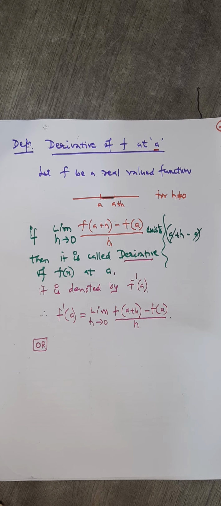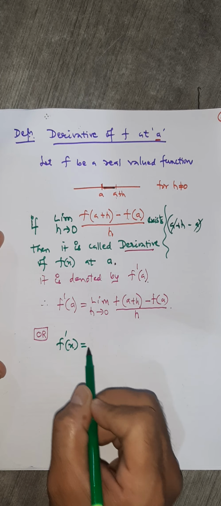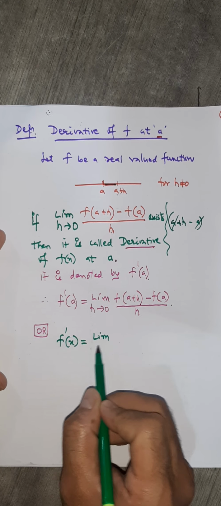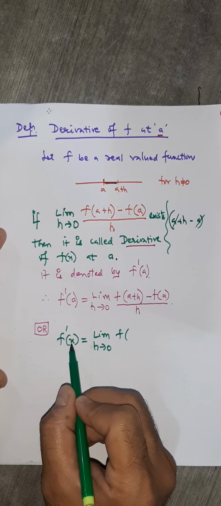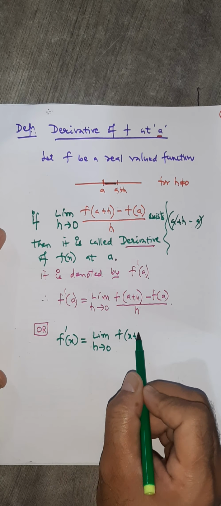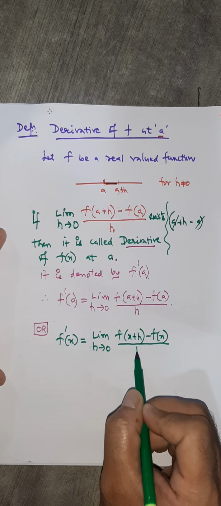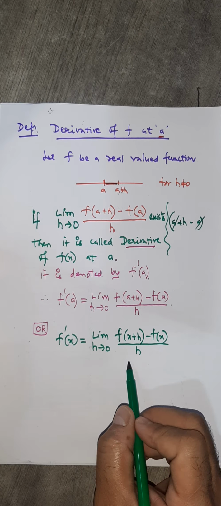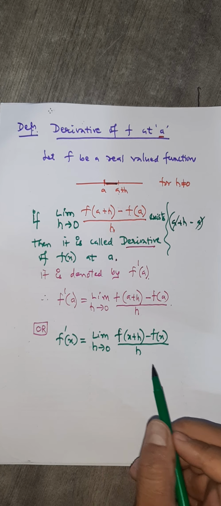Or you can write it like this also. In general, f dash x equals the limit as h tends to 0 of f of x plus h minus f x, upon h. What I did is just write x instead of a.